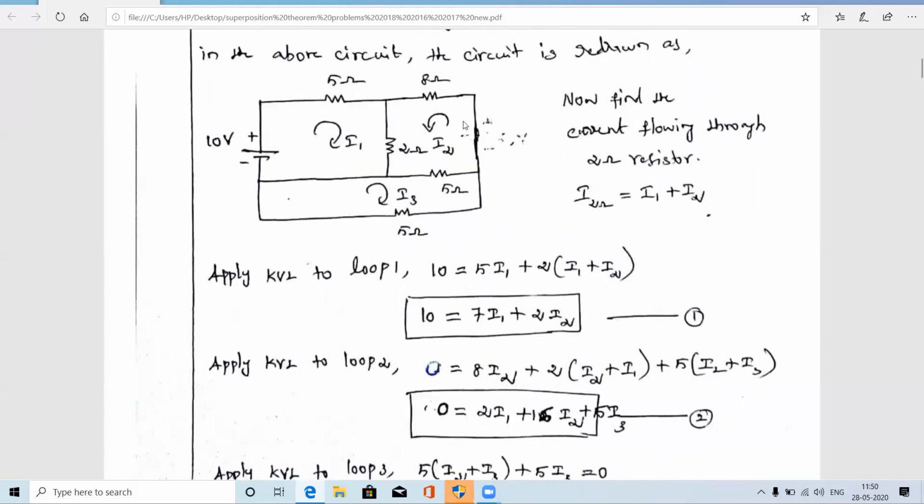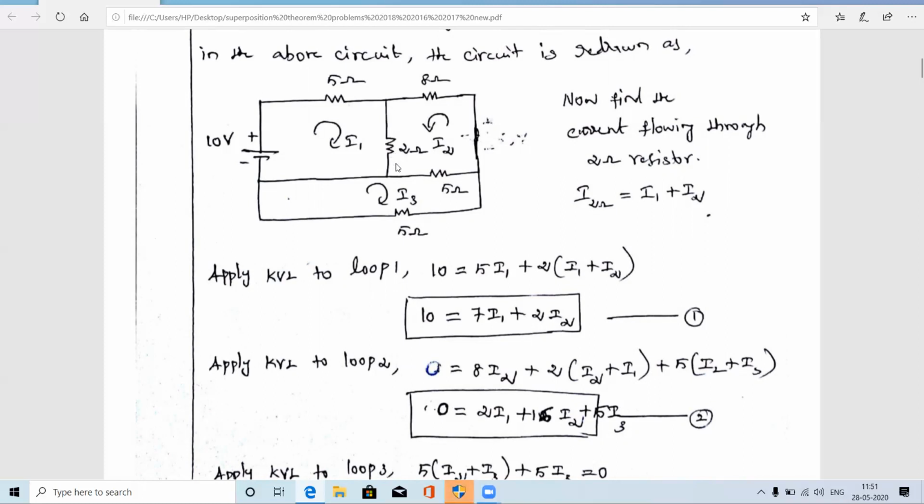Similarly, we apply KVL for loop 2. In loop 2 there are no voltage sources, only 3 resistances, so the sum of voltage drops is equal to 0. The voltage drop across the 8 ohm resistor is 8 into I2. The voltage drop across the 2 ohm resistor is 2 into (I1 plus I2), since the currents I1 and I2 flow in the same direction, so these two currents are added.